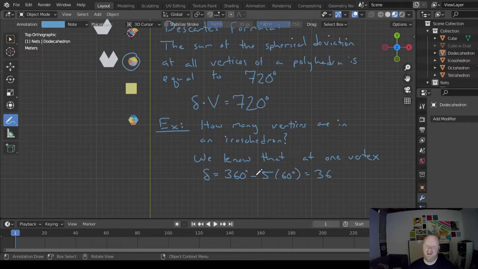So we know that delta is going to be equal to, sorry, not 36, 60 for the icosahedron. So we can just plug that into Descartes' formula. So it says 60 times the number of vertices is equal to 720.